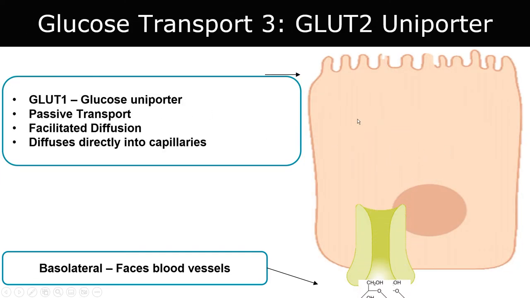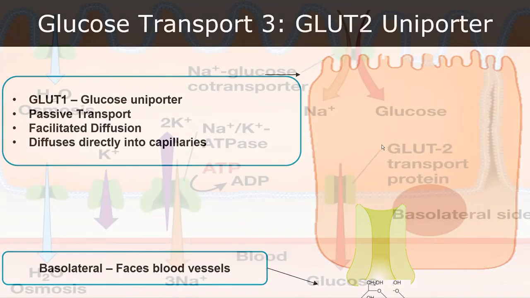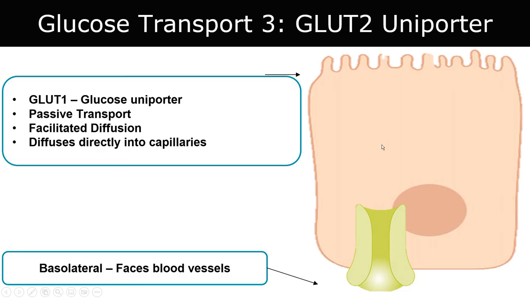The last part is now getting the glucose out. And so part 3 is, again, we're back to facilitated diffusion, where we have this glucose uniporter. And so again, this is passive transport. As the glucose is coming in, we're creating a high concentration gradient of glucose in the cell. And so then it's no big thing for that glucose to go back out and follow that facilitated diffusion pattern.